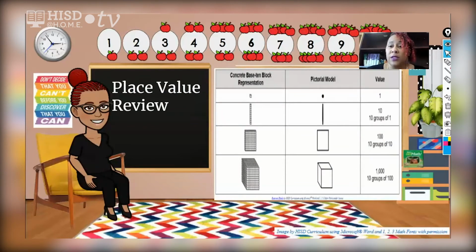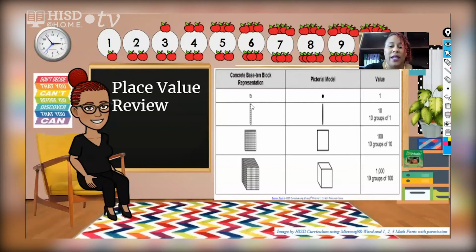Here is some of the place value that you will need to review for today's lesson. We have seen place value blocks in our previous lessons. We know that this small, tiny square is representing the value of 1. This little box represents 1. This stick is representing 10. When we take the 1 and stack it together, if we take 10 ones, it equals 10.